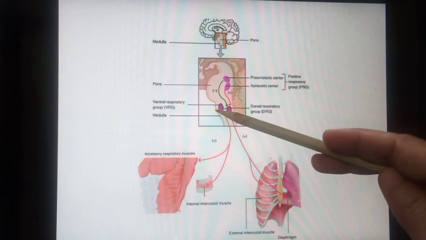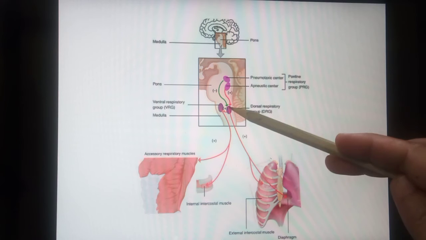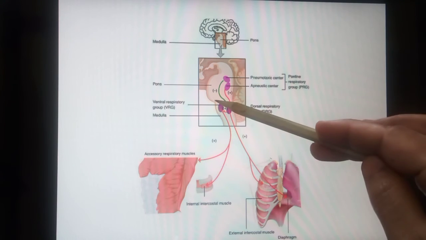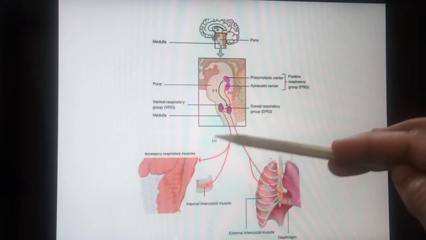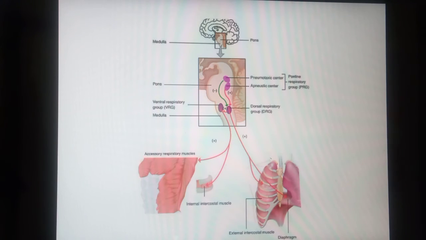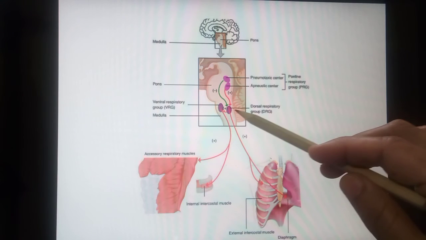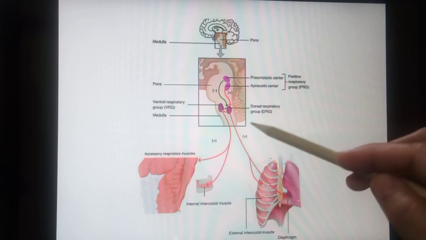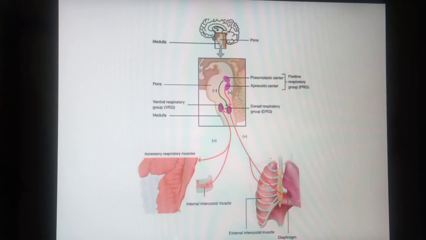The VRG is sensitive to carbon dioxide and hydrogen ion. When they increase in your blood, the VRG understands that the carbon dioxide level has increased, so it gives the instruction to the DRG, the dorsal respiratory group, to increase breathing.